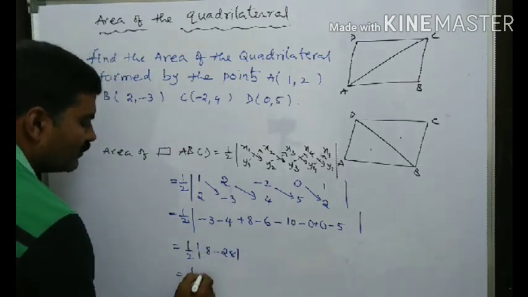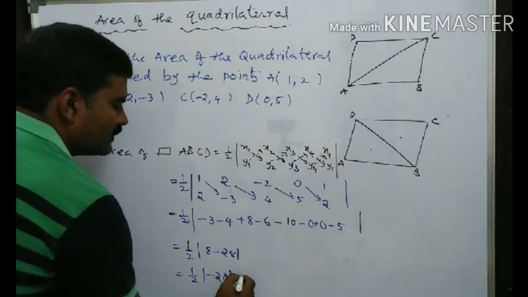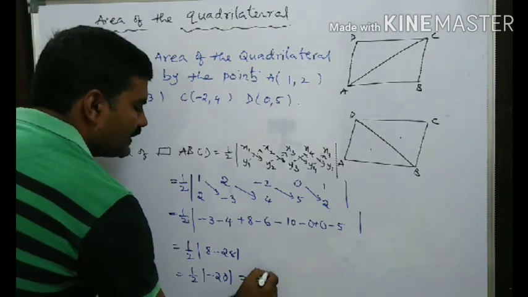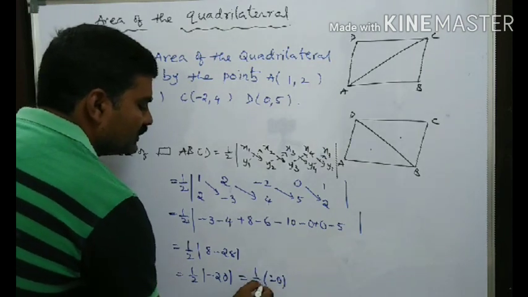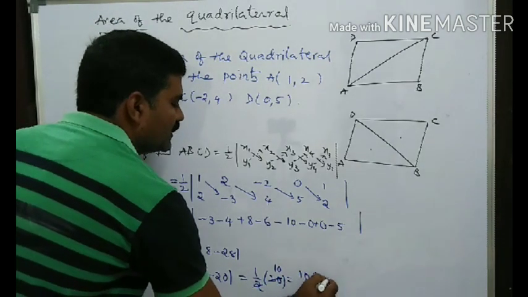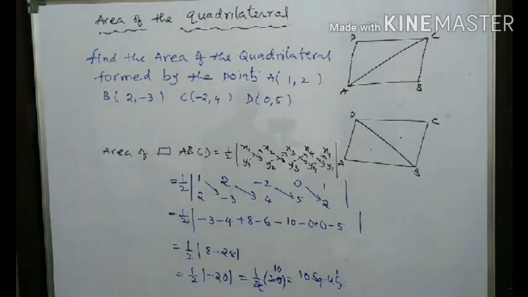This is half modulus of -20, which equals half into modulus of -20, which is +20. Half of 20 is 10 square units. So the area of this quadrilateral ABCD is 10 square units.